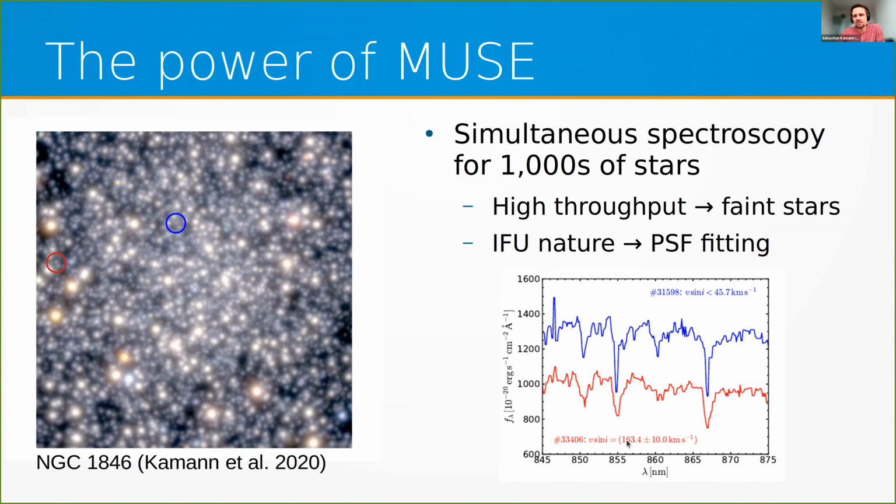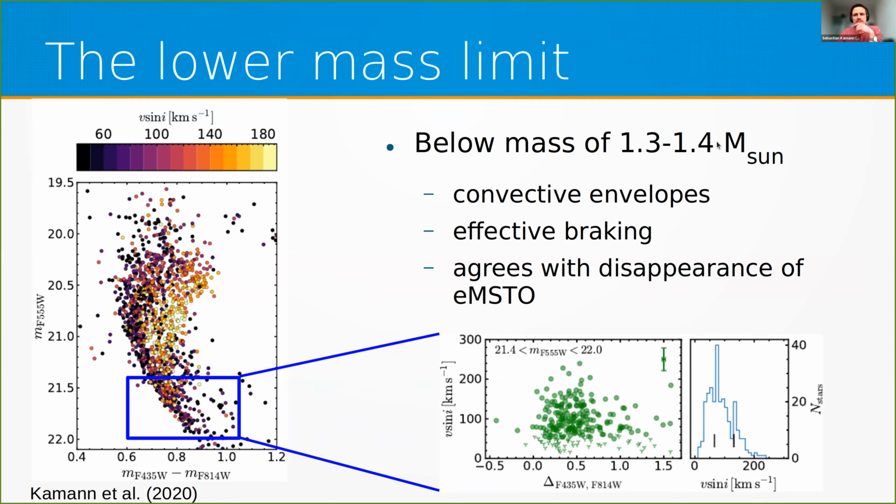This can be explained because if we go down in this magnitude range, below a mass of the order of 1.3 to 1.4 solar masses, the stars have convective envelopes. These are effective in braking the stars because their magnetic fields couple to the stellar winds. This agrees with the disappearance of the extended main sequence turnoff, and also explains why we don't observe these features in, for example, globular clusters.